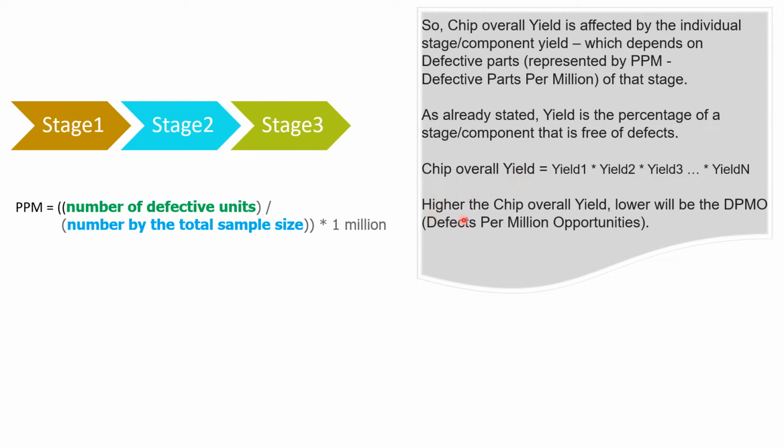Here, the higher the chip overall yield, the lower the DPMO. DPMO here stands for Defects Per Million Opportunities. So DPMO is for a full process or flow containing all the stages, and ppm corresponds to per stage.